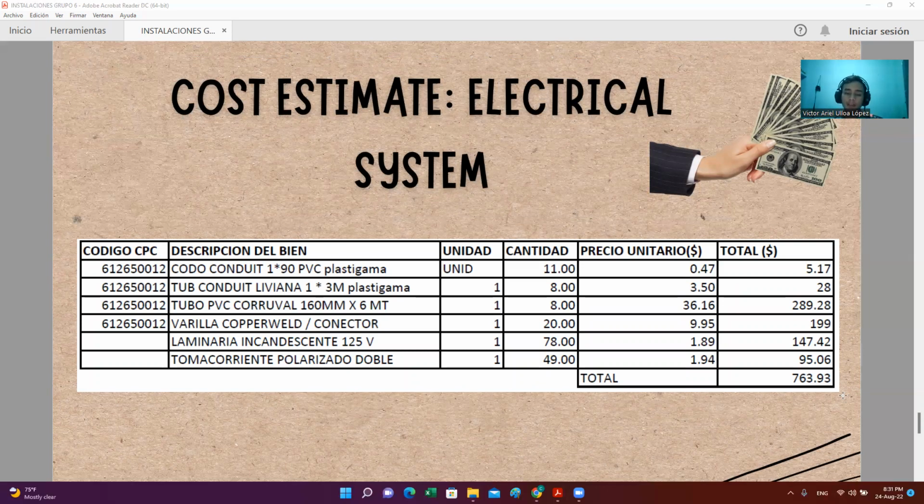In our electrical system, we have elbow conduits, PVC pipe conduits, copper wire, incandescent lightings, and electrical outlets. For this total cost, we have around 764.